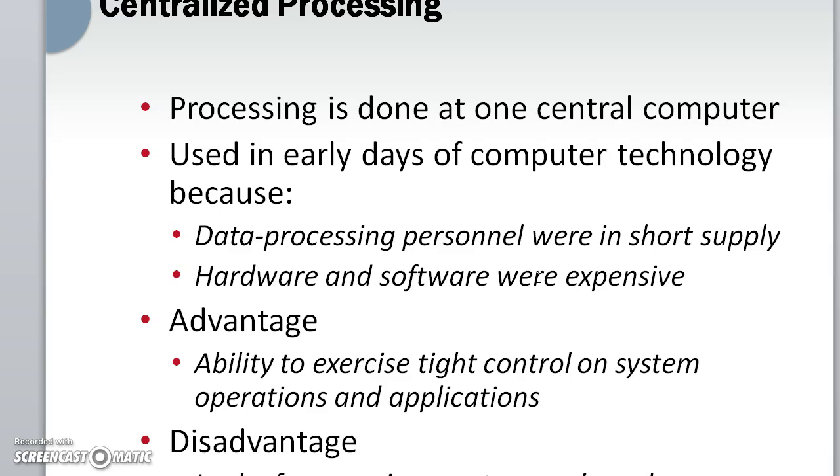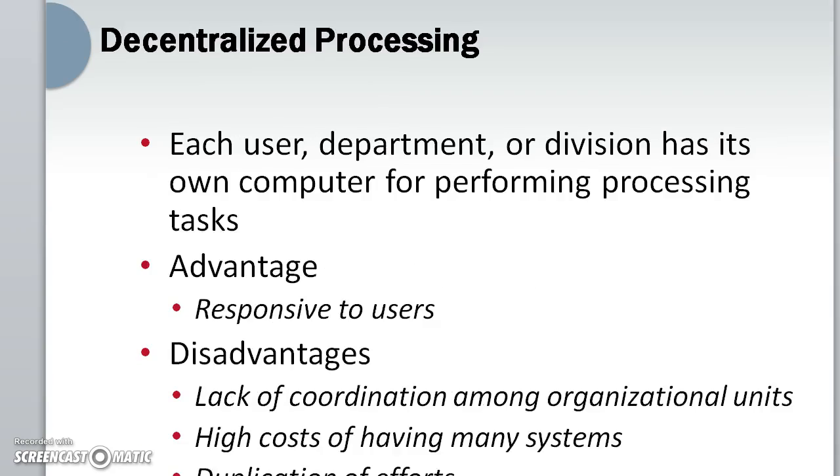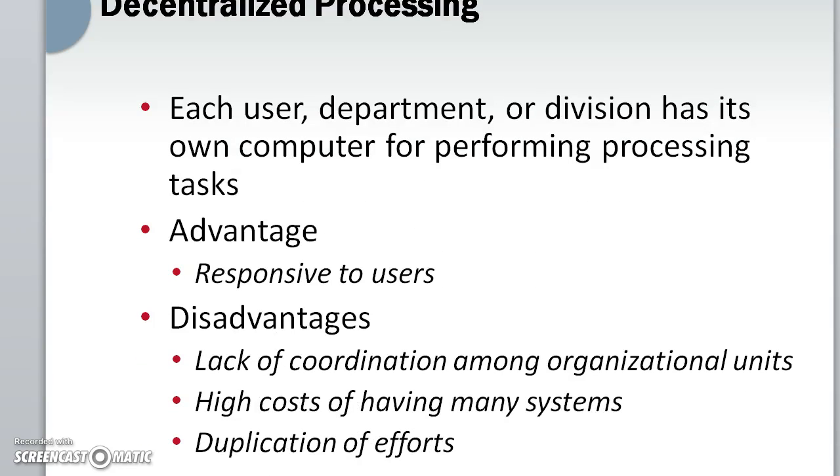Another disadvantage is the lack of responsiveness to users' needs. Maybe because it's not accessible, they cannot actually use it, so the users cannot get the things that they want. Decentralized processing means that each user, department, or division has its own computer for performing the processing task.